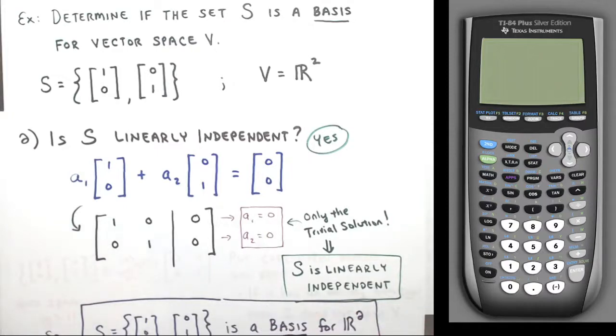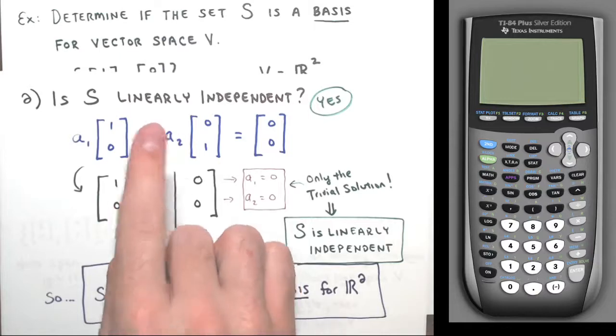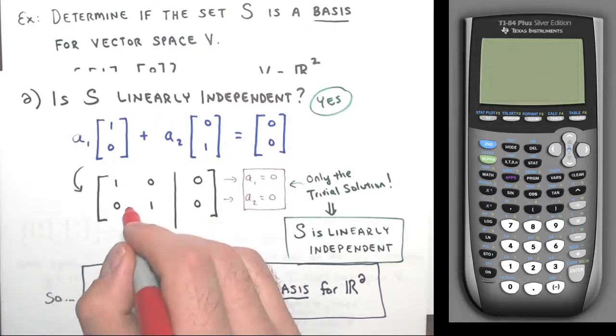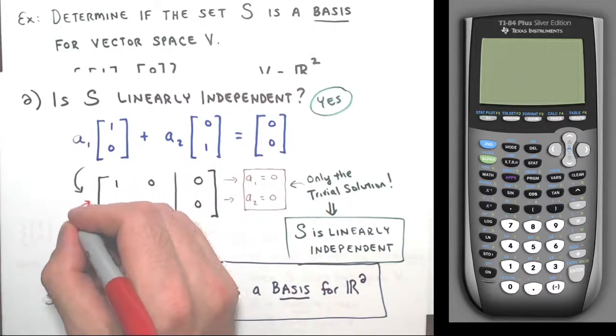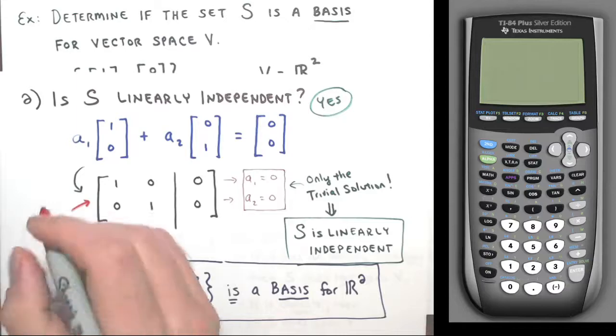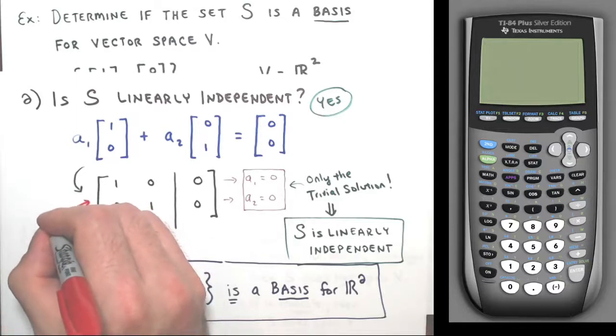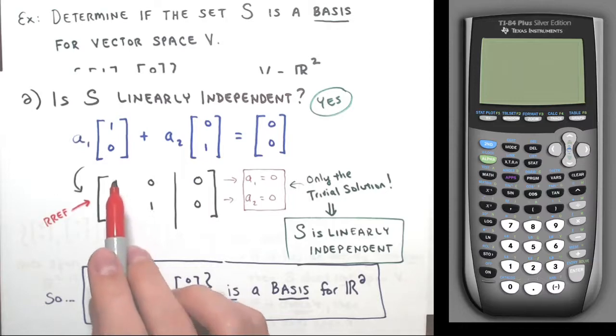Now, in this last part, when I was checking for independence, I put the matrix in there. I didn't really mention it, but just like before, when I was checking whether S is a spanning set of R2, I put this in reduced row echelon form, which it already is. These vectors are (1, 0) and (0, 1).